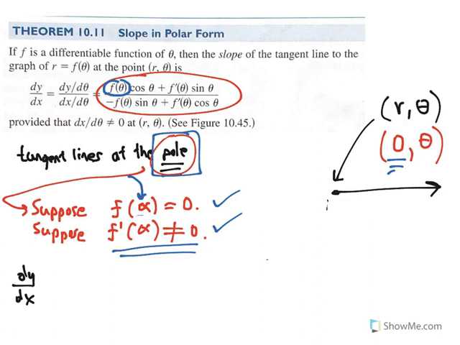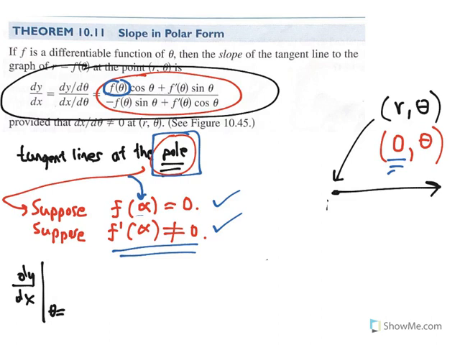So basically what we're doing is we're taking our result from Theorem 10.11 and we're evaluating that at theta equal to alpha, where alpha is the angle that would give us a point at the pole on our curve. So when we do that, we have the following.